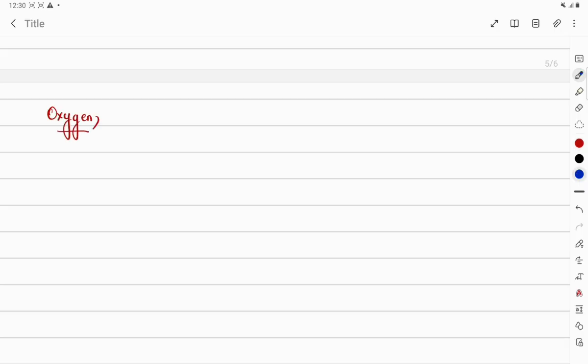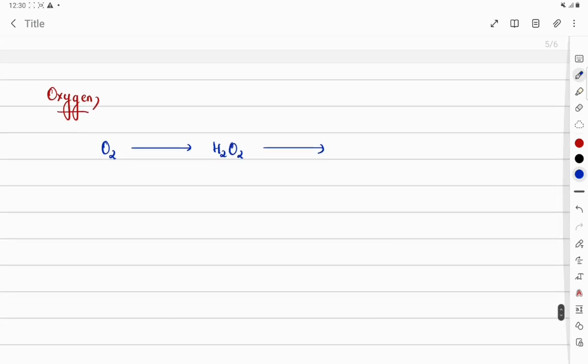Okay, so we have O2, which is in zero oxidation state, and we are going to H2O2, in which each oxygen atom is in -1 oxidation state. And then to H2O, where the oxygen atom is in -2 oxidation state. So from 0, we are going to -1, then to -2.